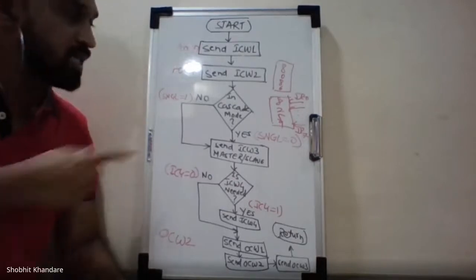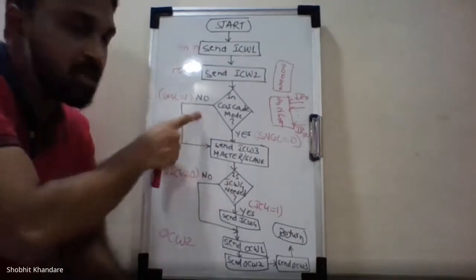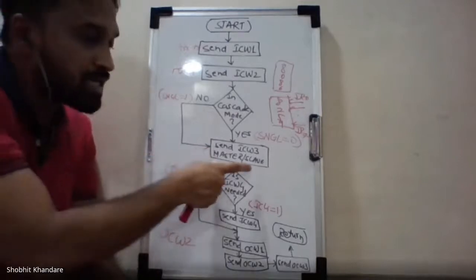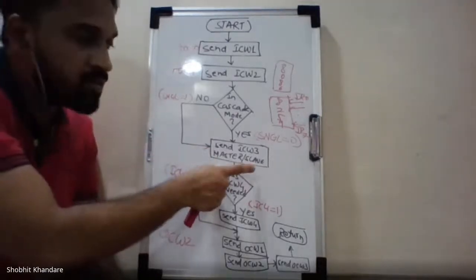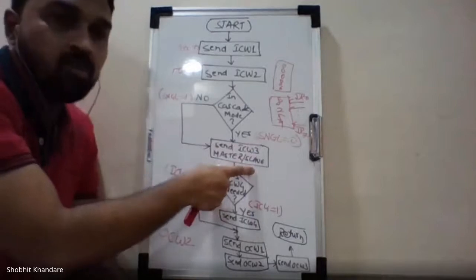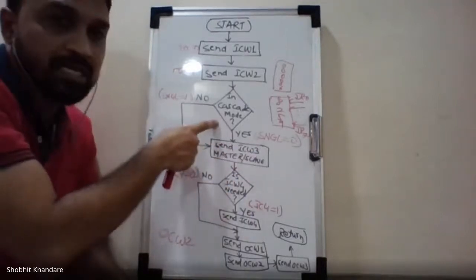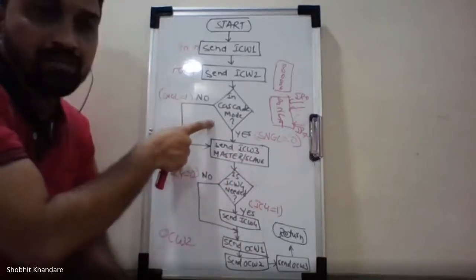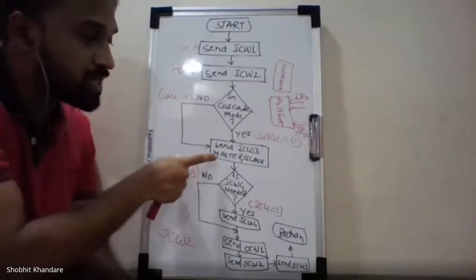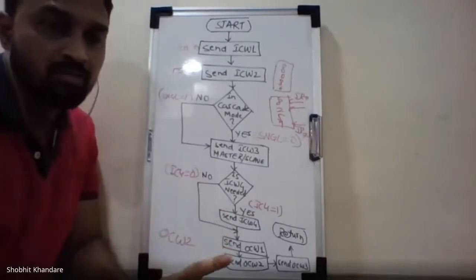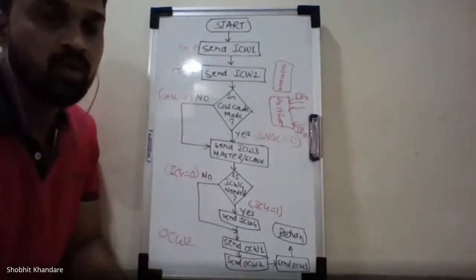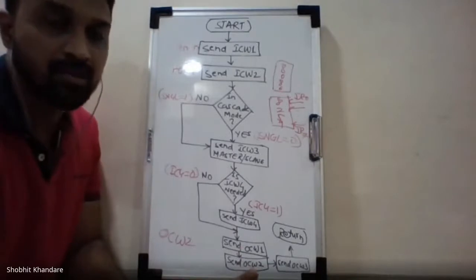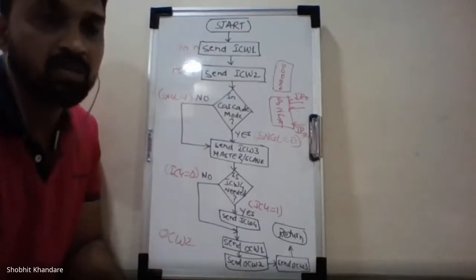In either case, master will be there, and slaves are optional. Slaves come into the picture only in cascade. Master is always there, whether it is cascade or single. So depending upon that, you will be using the format.